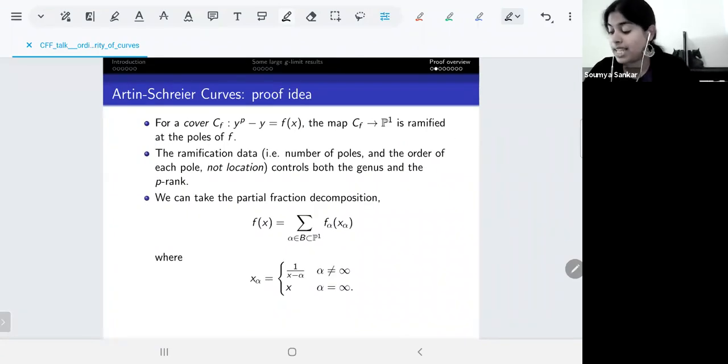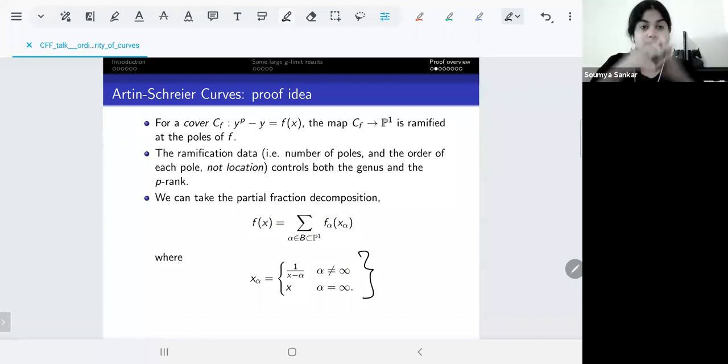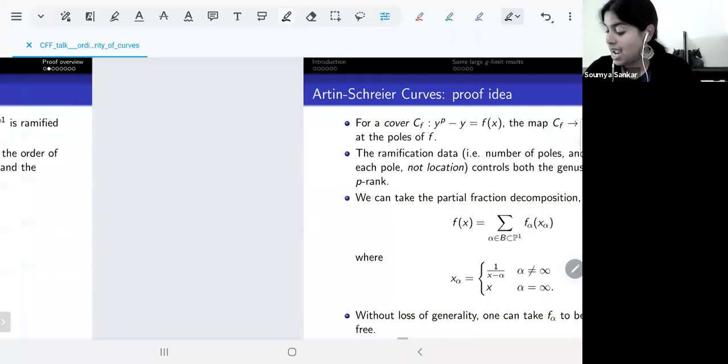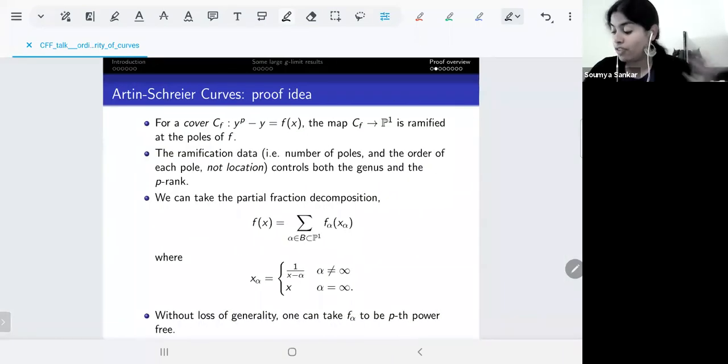To write this down more precisely, you write f in terms of a partial fraction decomposition, where you take f_alpha in x_alpha, right? So you decompose it in terms of the partial fraction. And without loss of generality, you can take f_alpha to be p-power free, since your curve looks like y^p - y = f(x), and so you can remove p-th powers.